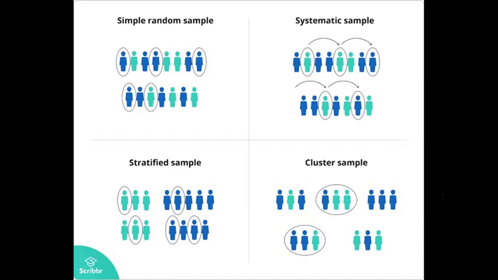For example, in an organization, we have different branches of a bank in a certain city, and we decide to conduct a workshop in 2 certain branches. That will be considered the cluster. Or we decide to conduct the research in 2 certain branches. That will be considered cluster sampling.